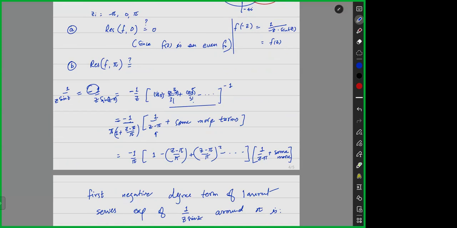Stuck in a simple question. So in both cases, we are getting the same 1 by pi. I don't know how.